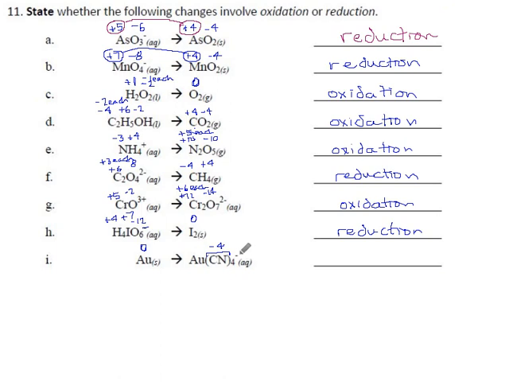But the total is only supposed to be -1, so the gold here must be +3. Gold went from 0 up to +3. That would be an oxidation. Good.